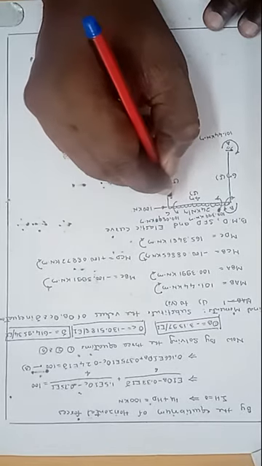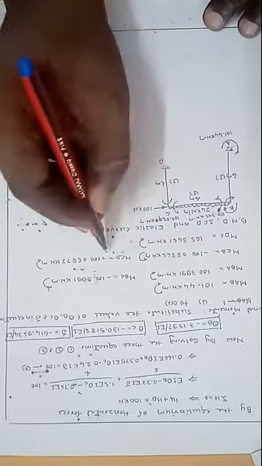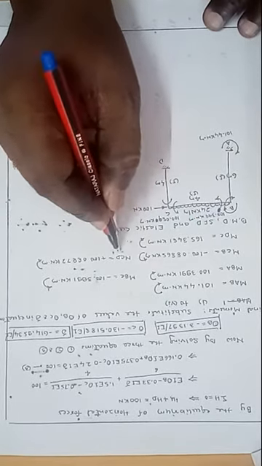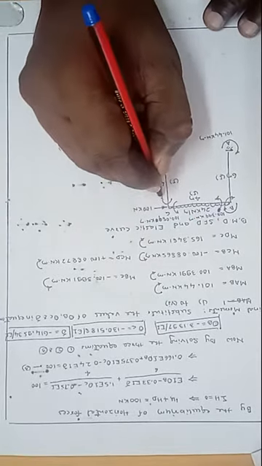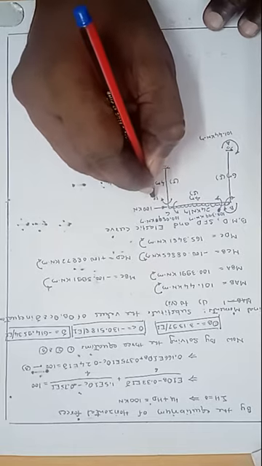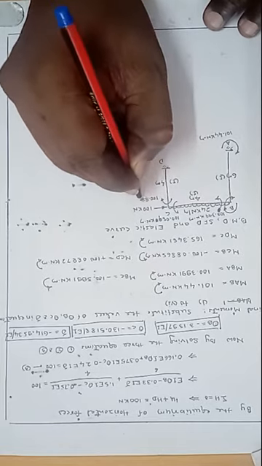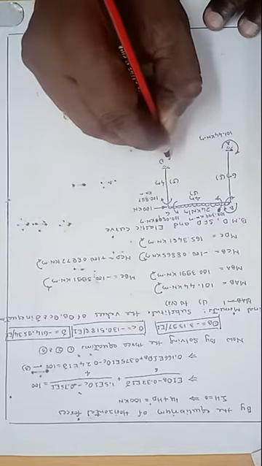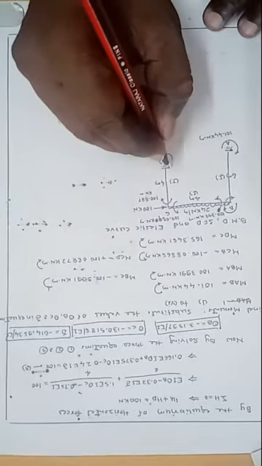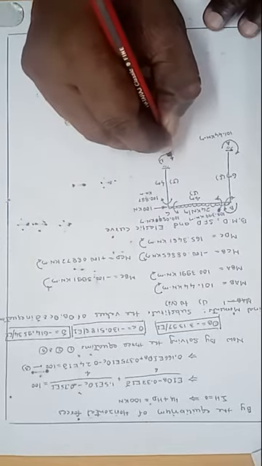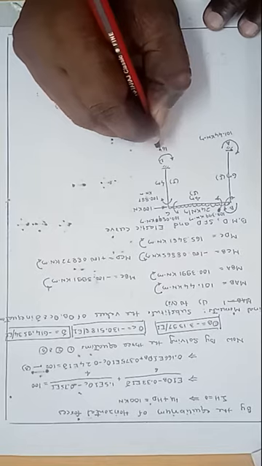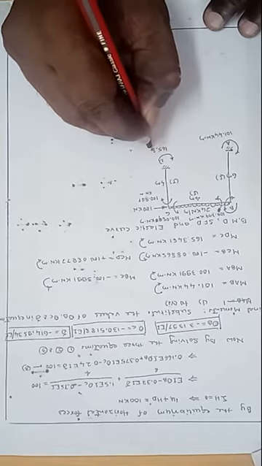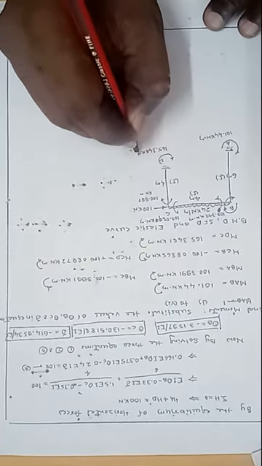Then MCD is clockwise, 100.089 kilonewton meter. MDC is clockwise, 165.348 kilonewton meter.